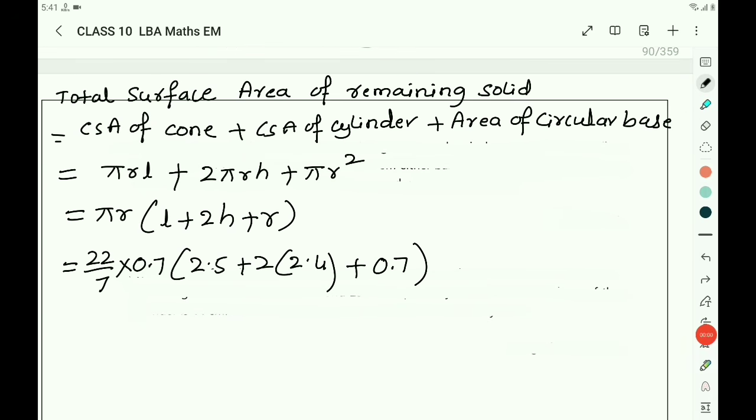You can cancel 7 with 0.7 to get 0.1, so 22 into 0.1 is 2.2.